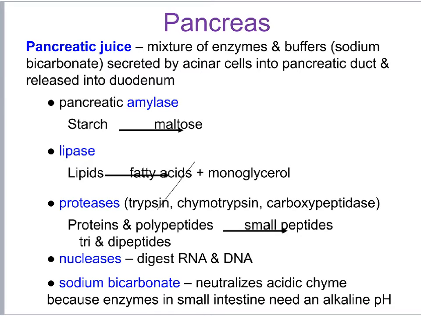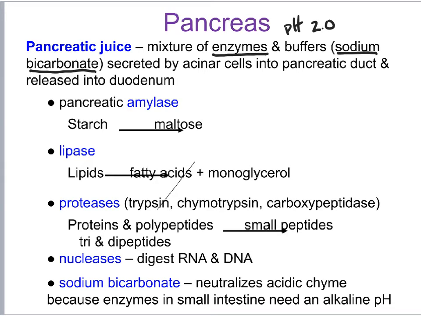The pancreas, remember, I said that it secretes what we call pancreatic juice, and that's a mix of enzymes to help with chemical digestion of food, and also buffers like sodium bicarbonate. Remember, the pH of the stomach is somewhere around 2.